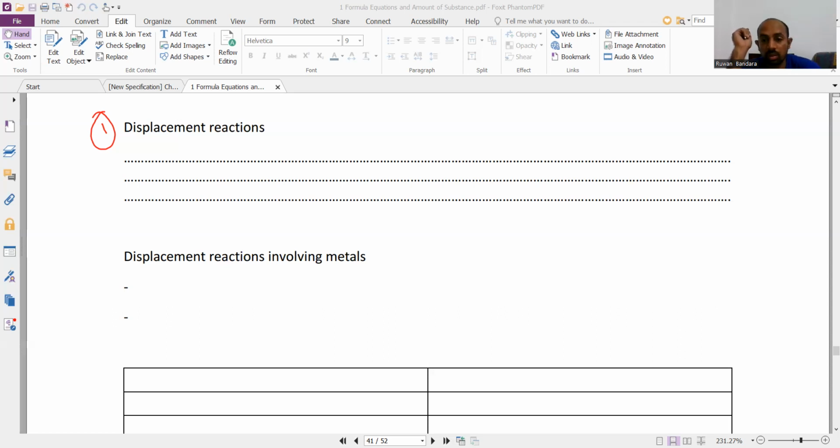Substitution reactions. And in inorganic chemistry, it is called as displacement reaction. Even though it's two different names, same process, right?